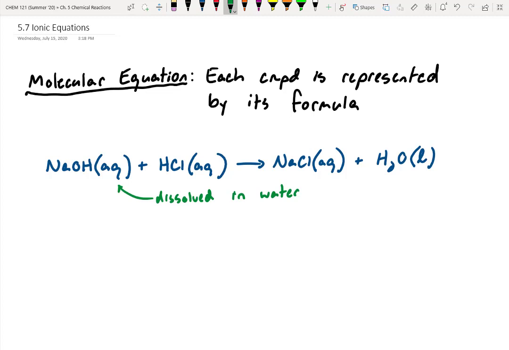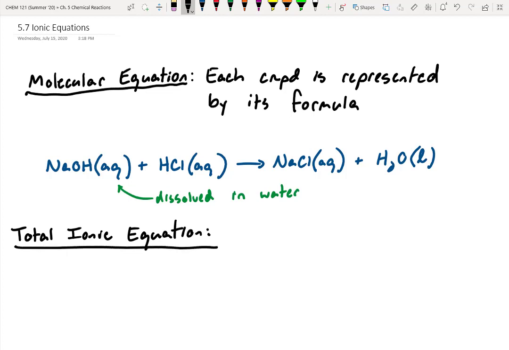All right, so this is the classic way of writing out all of these. But let's take a look at the total ionic equation. The total ionic equation basically breaks things down. So imagine this: soluble ion pairs are broken up and shown separately. We'll talk about which ones are soluble and which are not later on.